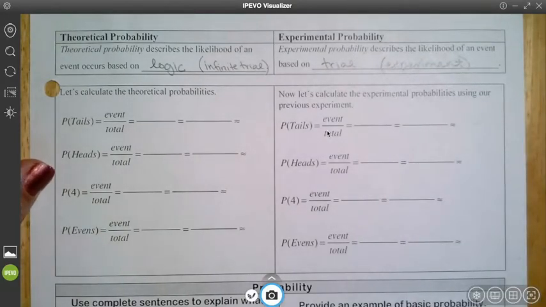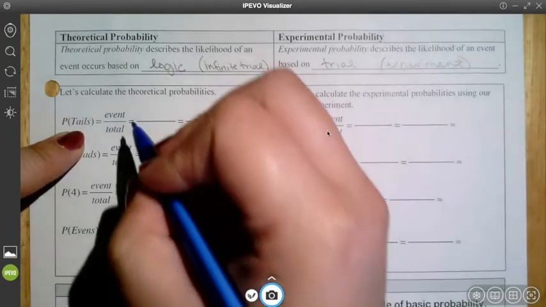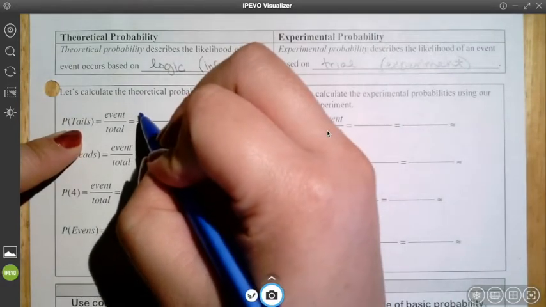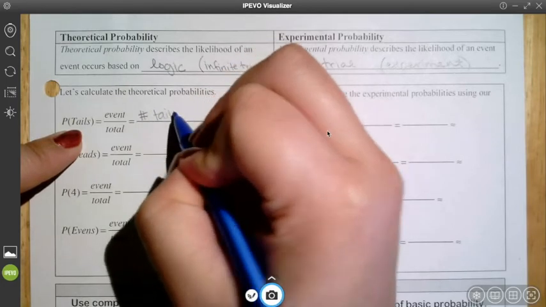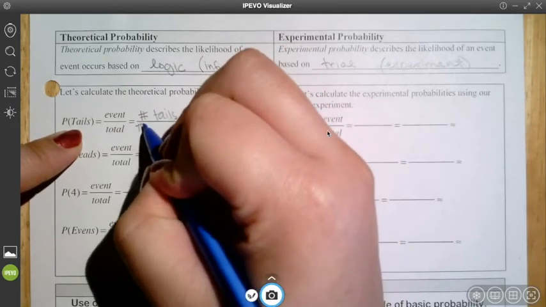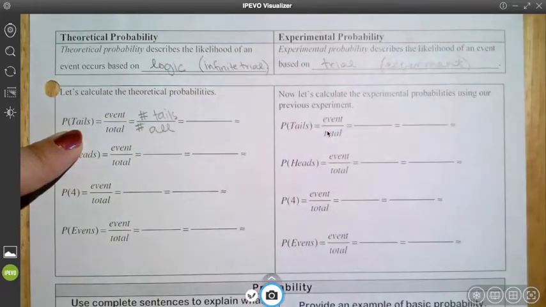So let's calculate some theoretical probabilities. Theoretically, if I wanted to know the probability that a coin will land on tails, then I want to know how many outcomes give me tails, and how many outcomes are possible.